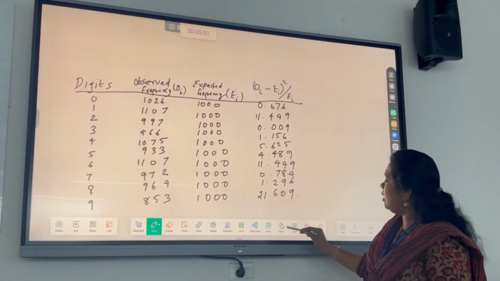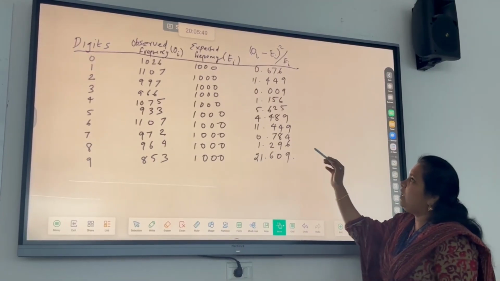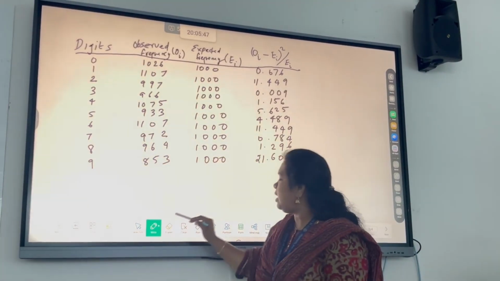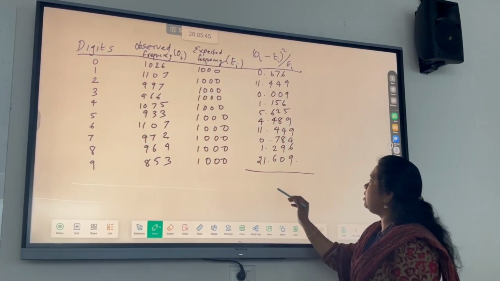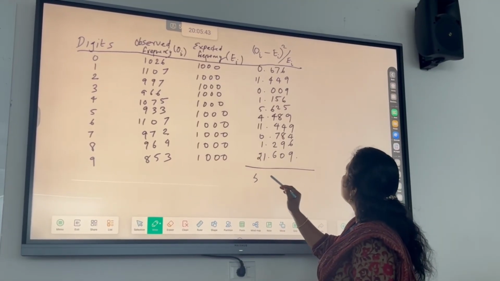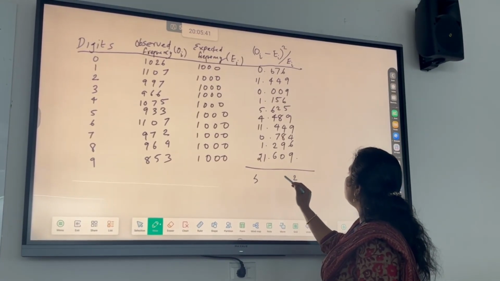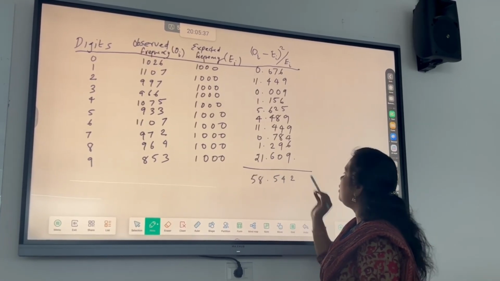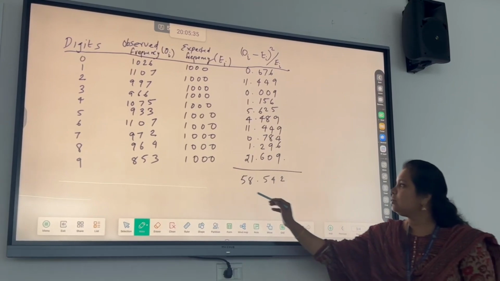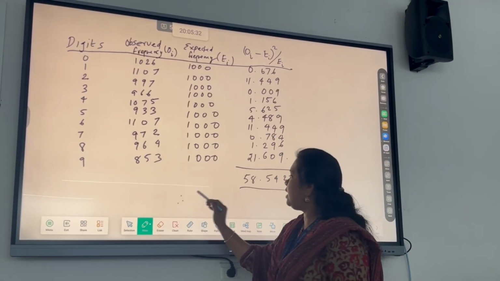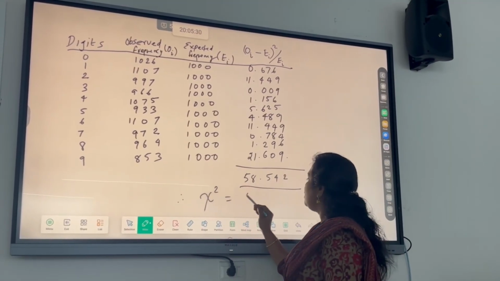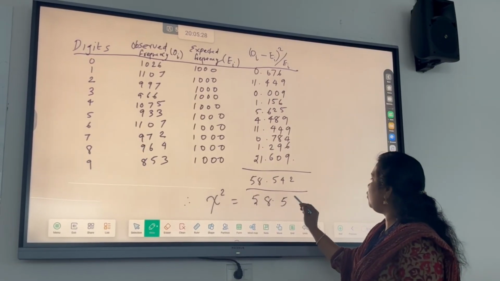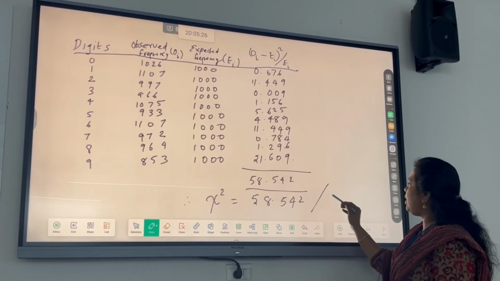Line by line you calculate each term, and when you add all the terms you get 58.542. So the calculated chi-square is 58.542.